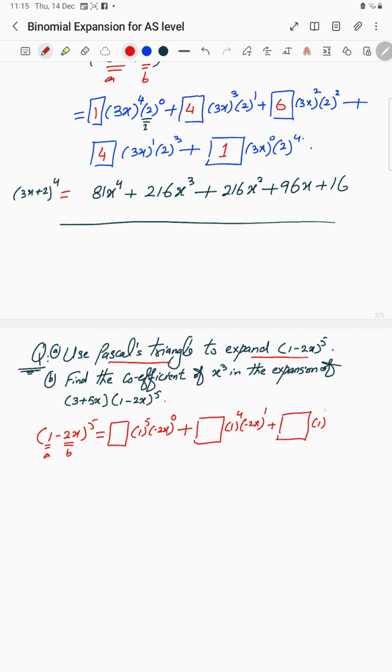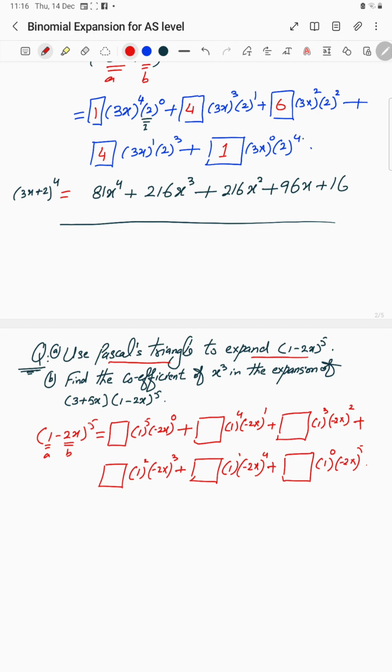So 1 power 3 here minus 2x power 2 plus the coefficient 1 power 2 minus 2x power 3 plus coefficient 1 power 1 minus 2x power 4 plus the coefficient 1 power 0 and minus 2x power 5, that is the highest power, final power, that is n, right? When you get n with B, stop.